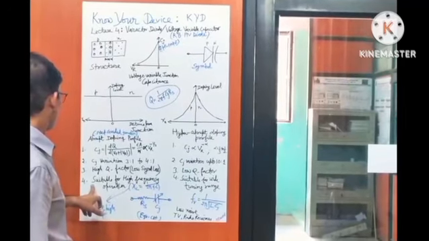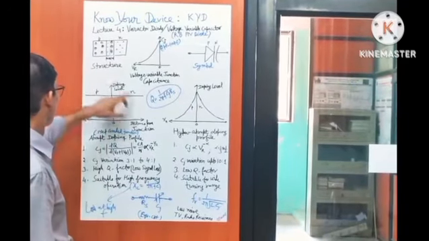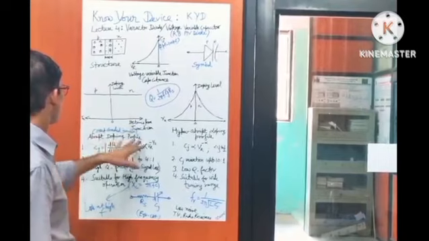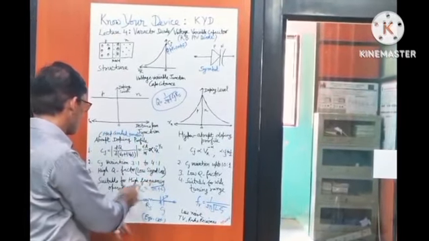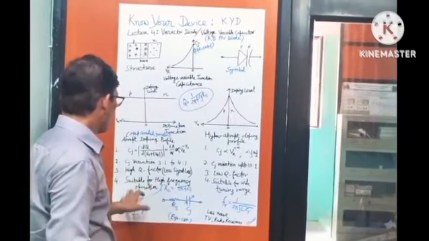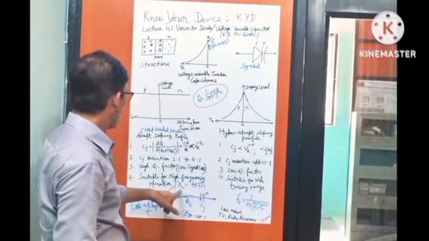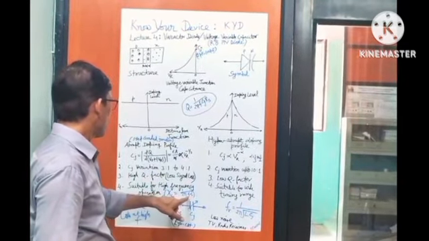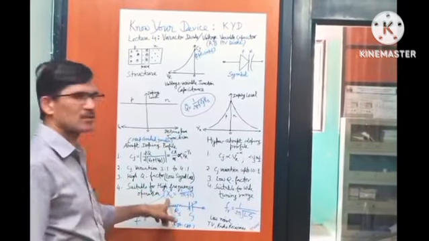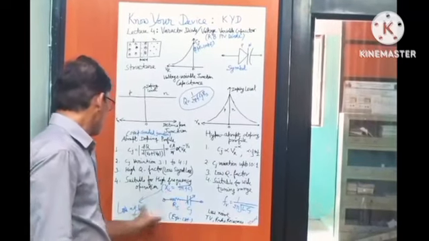And the fourth point is that this doping profile, the abrupt doping profile, is suitable for the use of Varactor diode in high frequency operation, because the capacitive reactance Xc is given by 1 upon 2 pi f C, and at high frequency this reactance will be small.